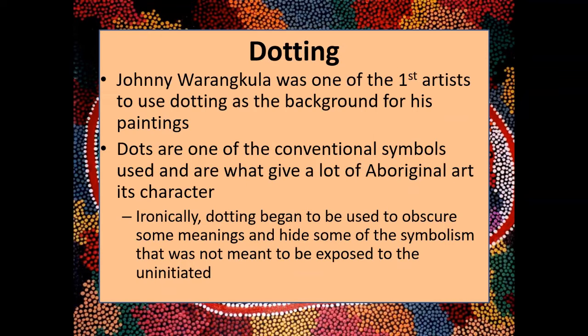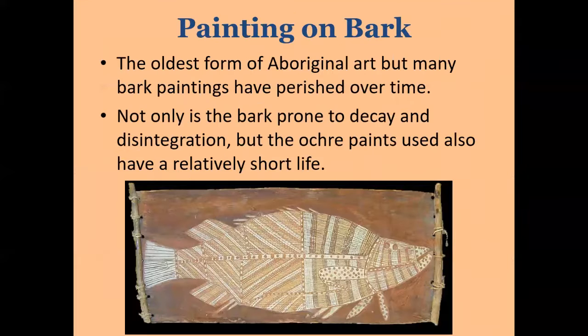So if you were adding symbols into the background of your picture, you would put a bunch of dots around it, so it'd be harder to see that symbol, because it's supposed to be only for the people of that tribe or the initiated. It also is just a conventional symbol used, and it gives a lot of Aboriginal art its character. So lots of dots, but also some symbols mixed in there too.